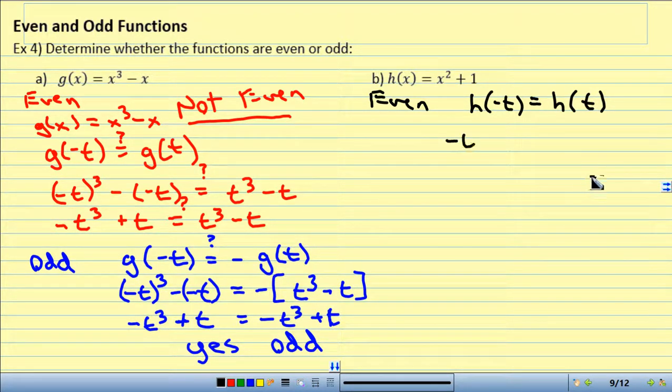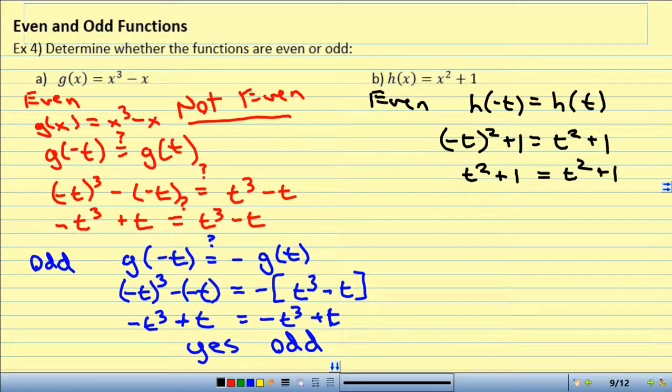So I've got negative t quantity squared plus 1. And is that equal to h of t? So wherever I see x, I'm going to plug in t. T squared plus 1. So negative t quantity squared is t squared plus 1. Is that equal to t squared plus 1?